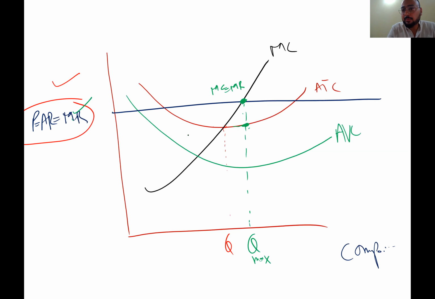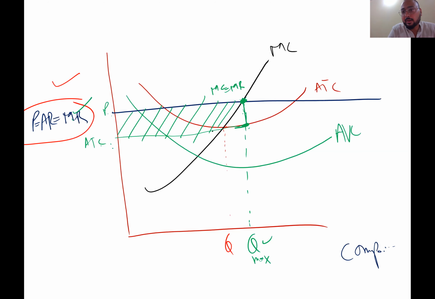So that would be our cost. And the market price of this production quantity would be on, this is the price. So price minus average total cost. This difference, you earned profit.